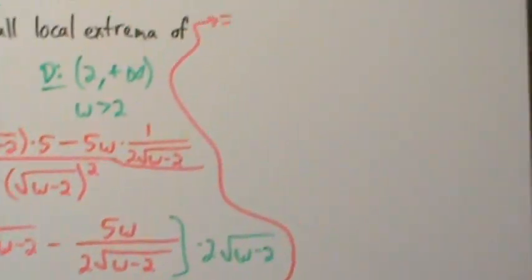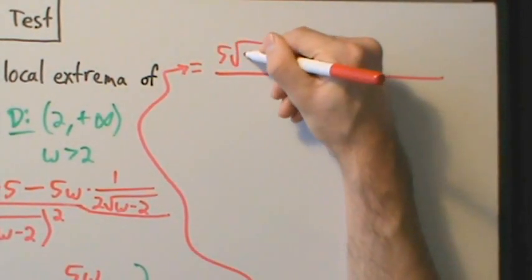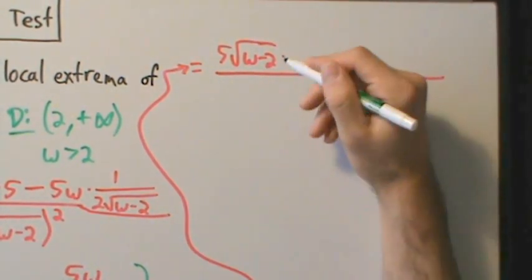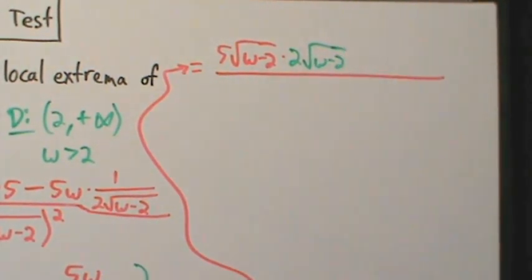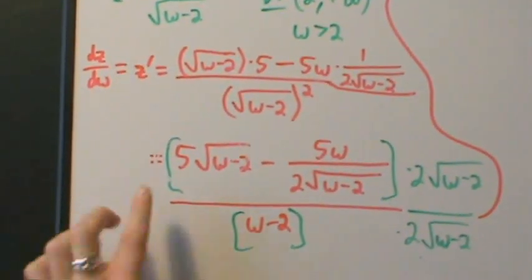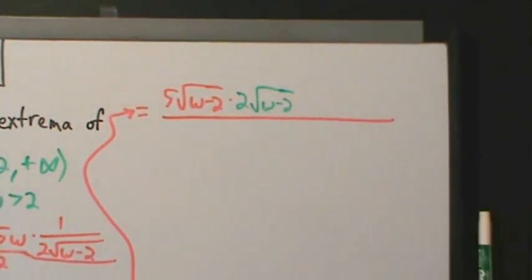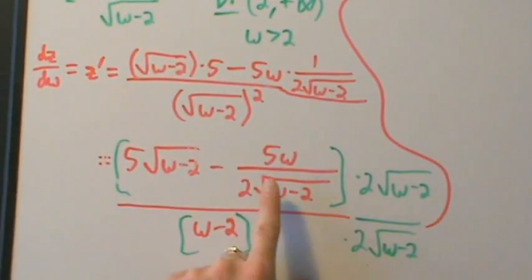So 5 root w minus 2 times, let's keep the colors the same for now, times 2 root w minus 2. All right. So we have 5 root w minus 2 times 2 root w minus 2, just distributing. And then over here we have minus, okay, minus now this whole mess times that.